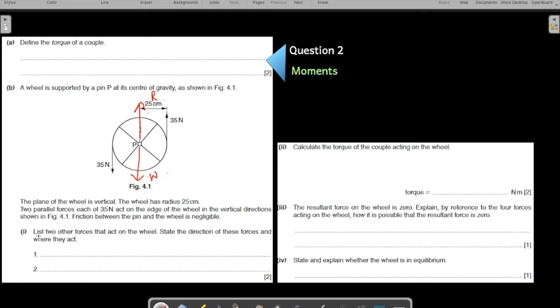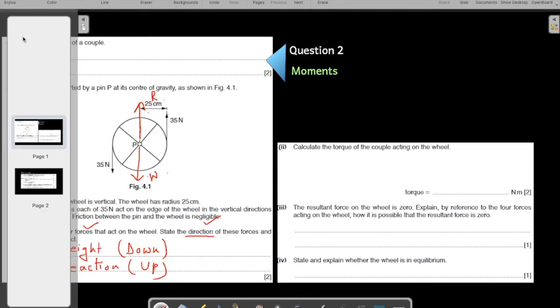You have to list the forces and also mention their direction. You mention weight. What is the direction? Downwards. What is the other force? Reaction force. What is the direction? Up or upwards.